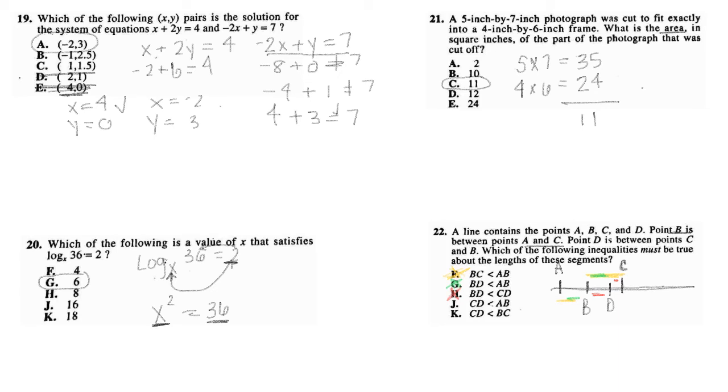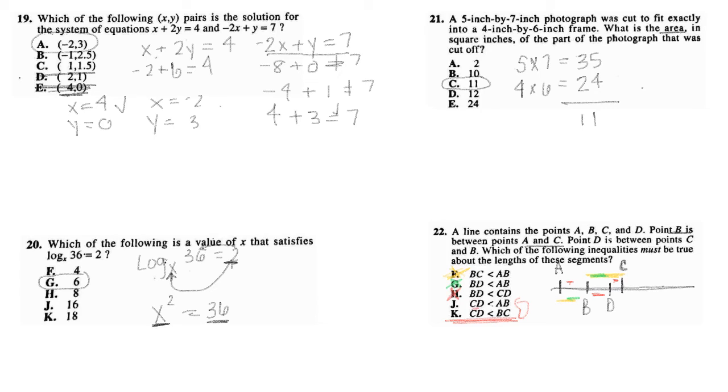And then CD is smaller than BC. Oh, now that might be true. Let's look at this again. If we talk about CD is smaller than AB, well, we still don't know. There's no for sure. I'm not sure about that.